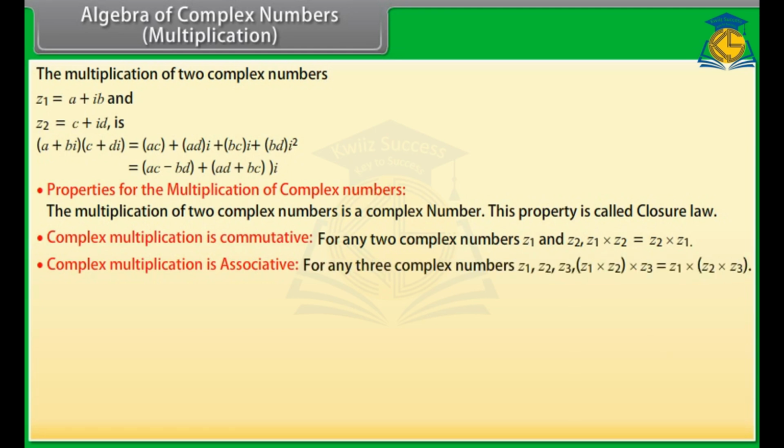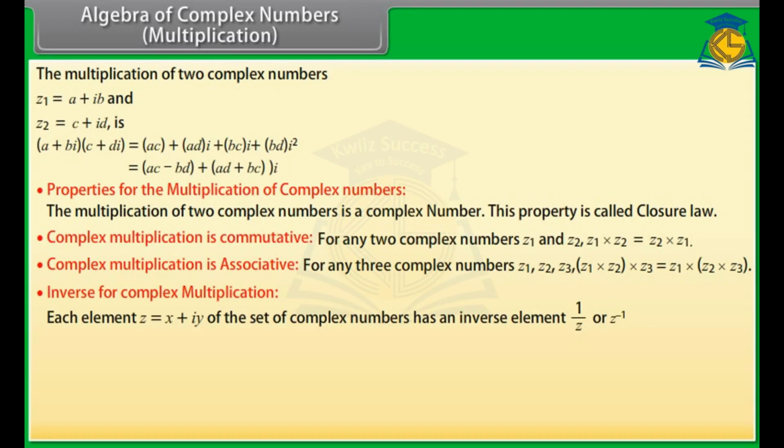For any three complex numbers Z1, Z2, Z3, Z1 into Z2 into Z3 is equal to Z1 into Z2 into Z3. Inverse for complex multiplication. Each element Z is equal to x plus iota y of the set of complex numbers has an inverse element 1 by Z or inverse of Z.